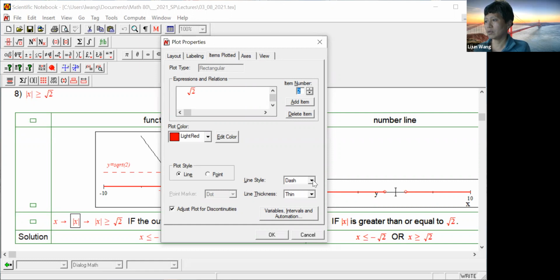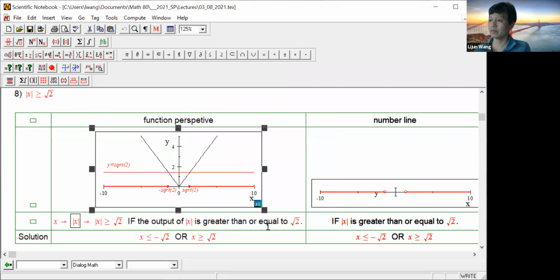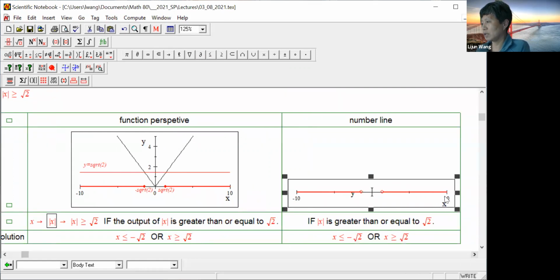So this is going to be a solid line, and this is going to be a dot instead of a circle, and this is going to be a dot instead of a circle. See? When equal to is included, it changes to a dot.